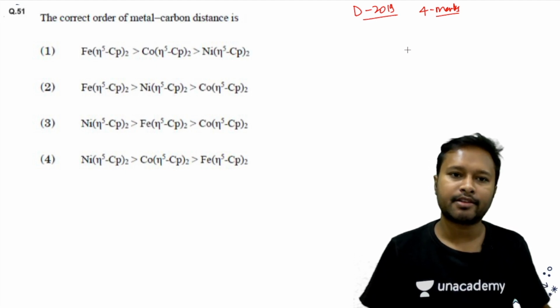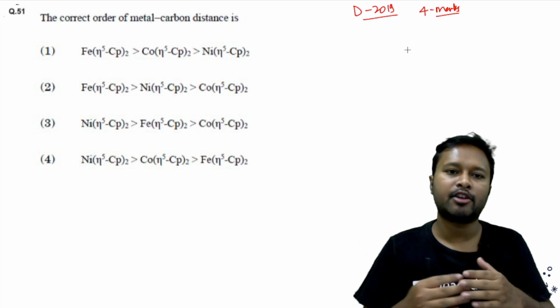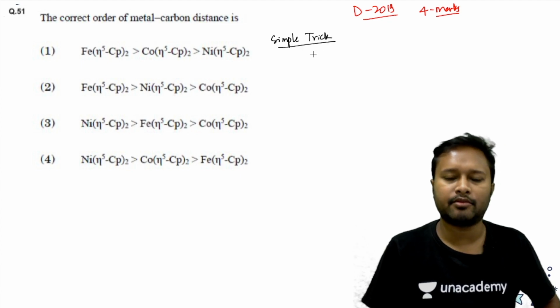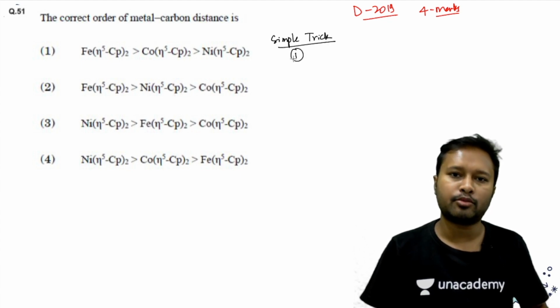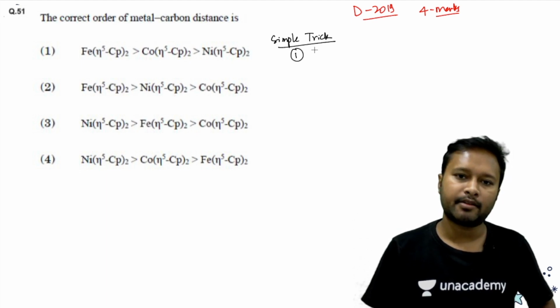So in order to answer this type of question where you are given with the ferrocenes or metallocenes and you have to find out metal carbon distance, there is a simple trick which you can use. The simple concept goes in 2 points. The first point says that you have to look for the unpaired electrons.